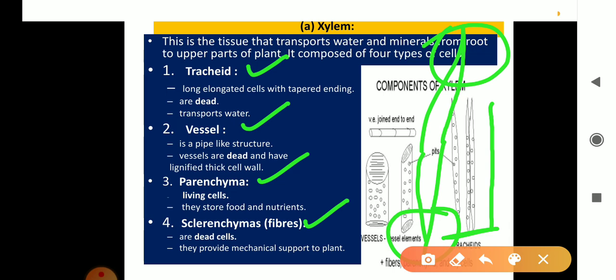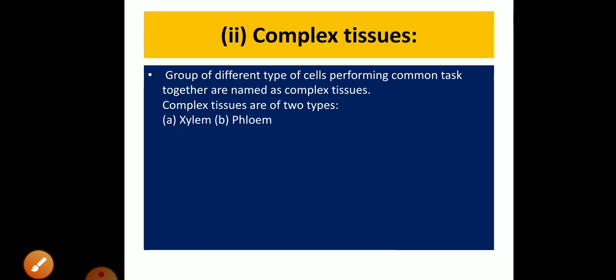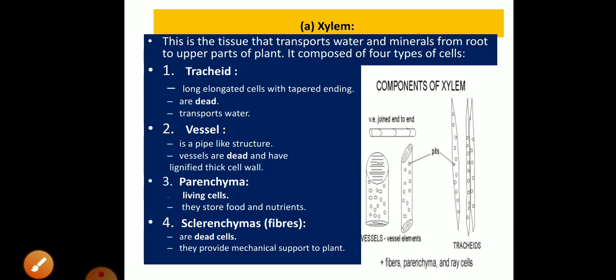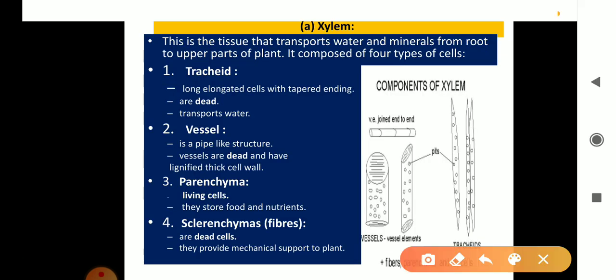The next is vessels. Now see, these are the vessels. These cells join end to end and they make a long pipe for the conduction of water.